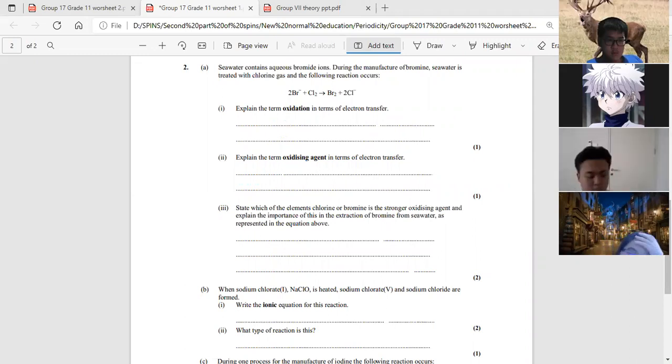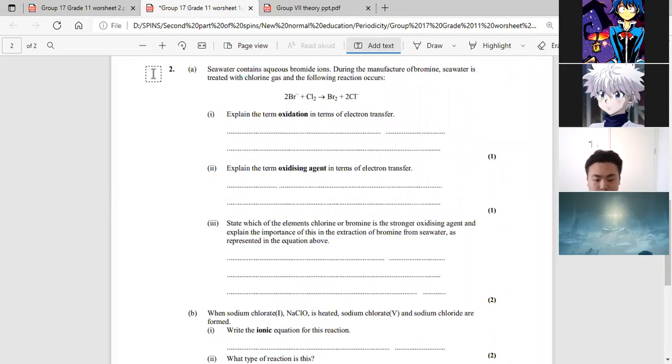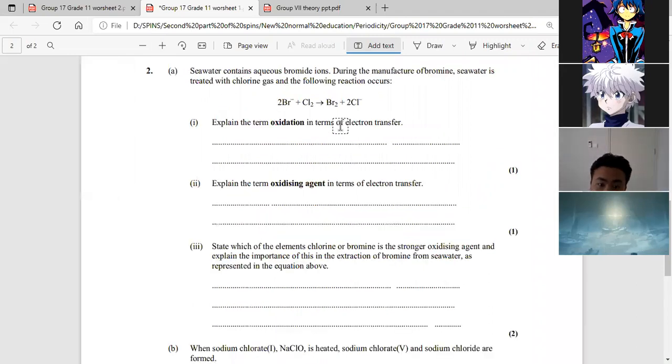Number 2, in this one, seawater contains aqueous bromide ion. During the manufacture of bromine, seawater is treated with chlorine gas and the following reaction occurs. Explain the term oxidation in terms of electron transfer.